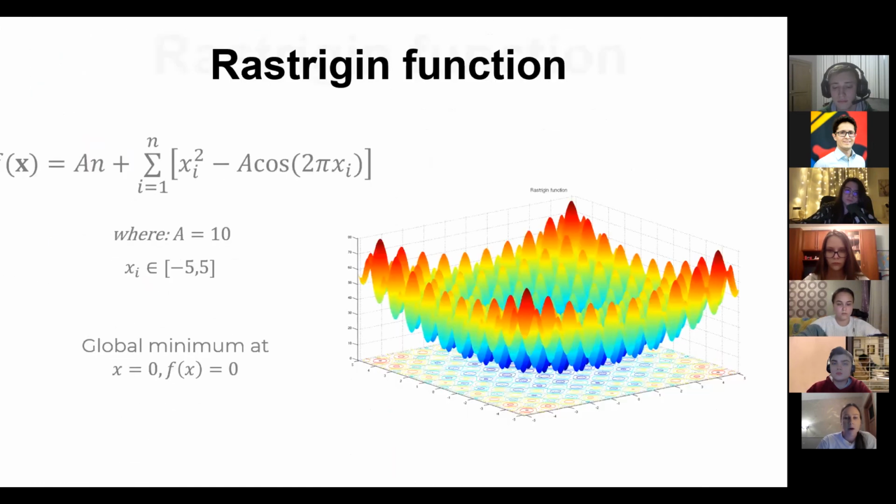To test our algorithms, we chose the Rastrigin function. It's often used to test optimization algorithms because it's hard to find its global minimum, since it has a lot of local minima.